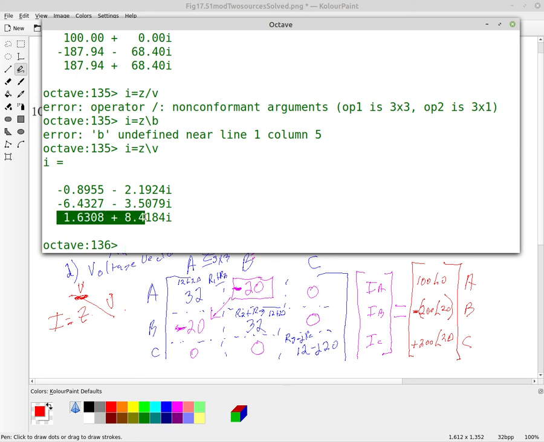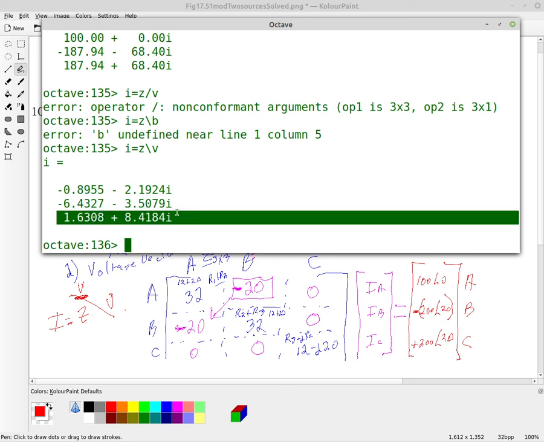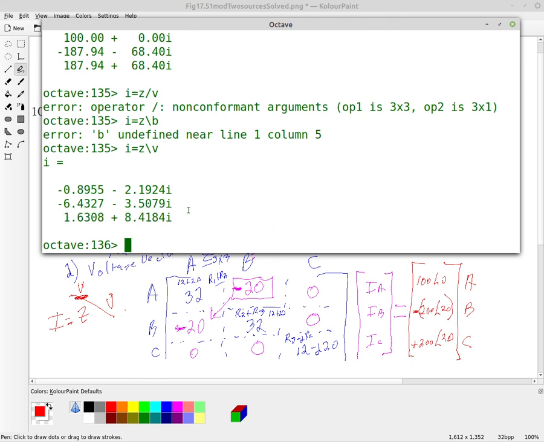Now, of course, this is showing in rectangular form because that's the default setting for the Octave software. It always just stores the values in rectangular form. Whether it's rectangular or polar, it's the exact same value. It's just how you're displaying it.